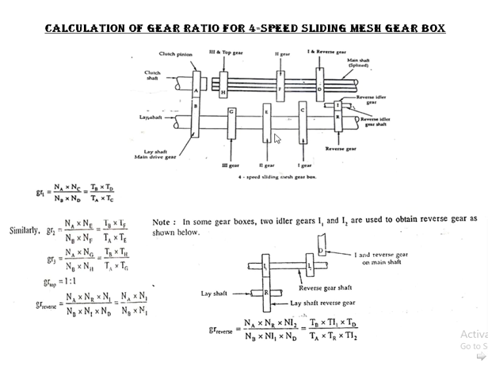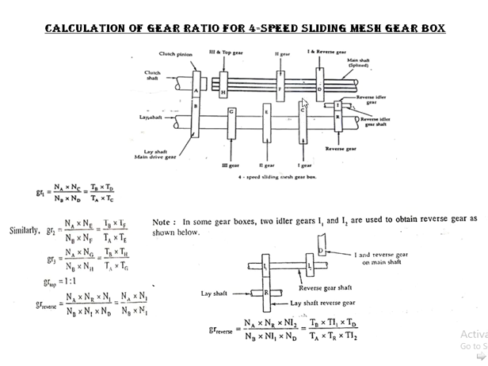First gear, how it works actually. The power comes from the clutch shaft to the clutch pinion to the lay shaft, and from the lay shaft it goes directly to the C gear, which is the first gear. On the main shaft the first gear slides and connects to C. C and D are going to connect.